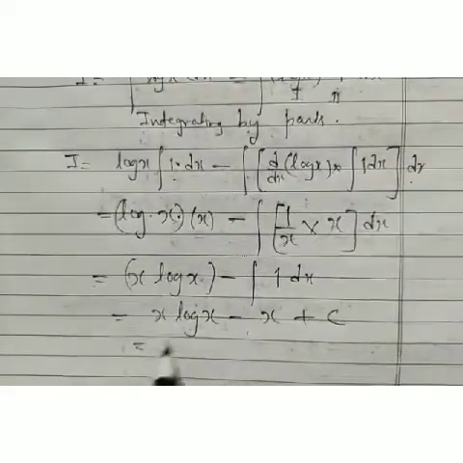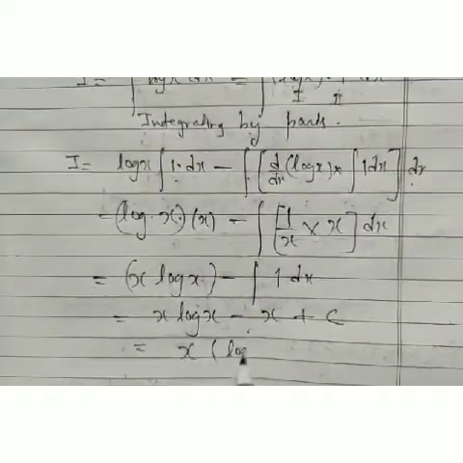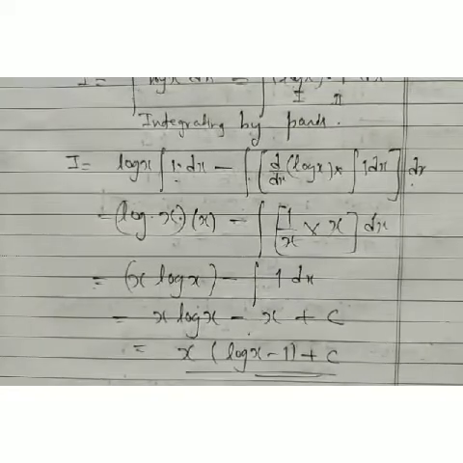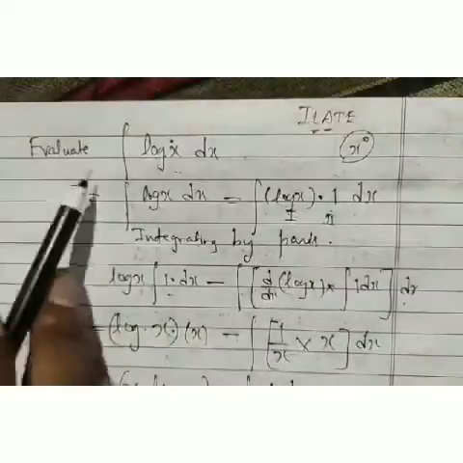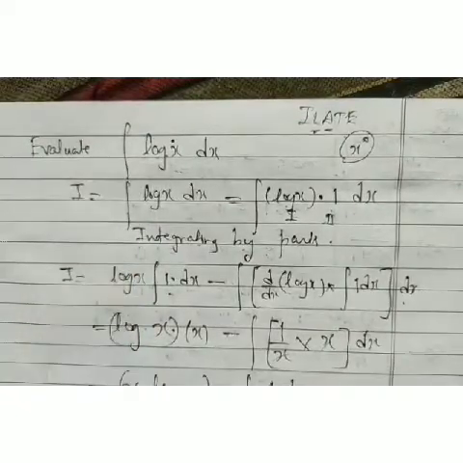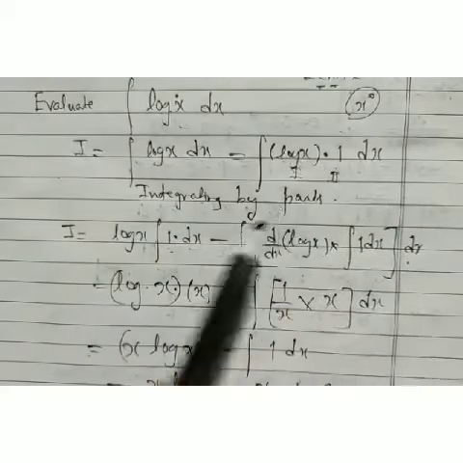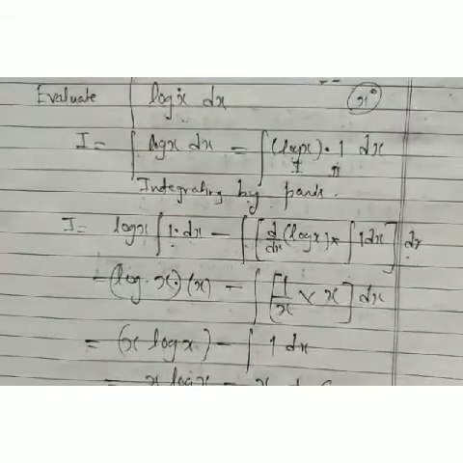For further simplification we can take x common: x times (log x minus 1) plus c. This is the evaluation of log x by using integration by parts. What we did is take just 1 as our second function.